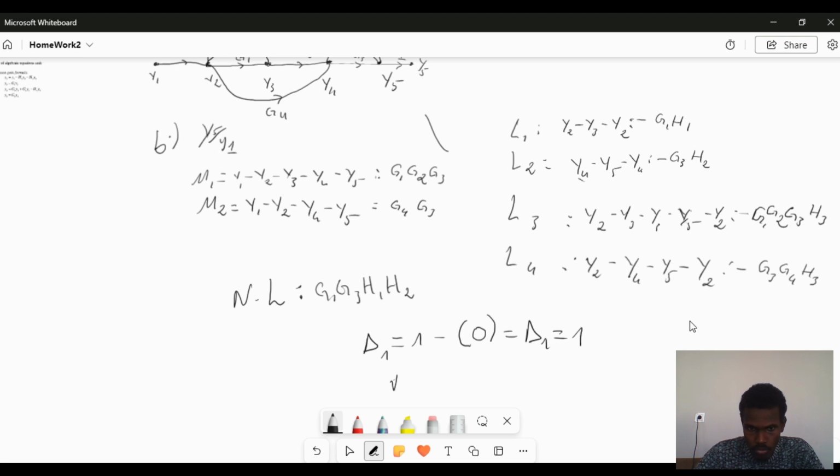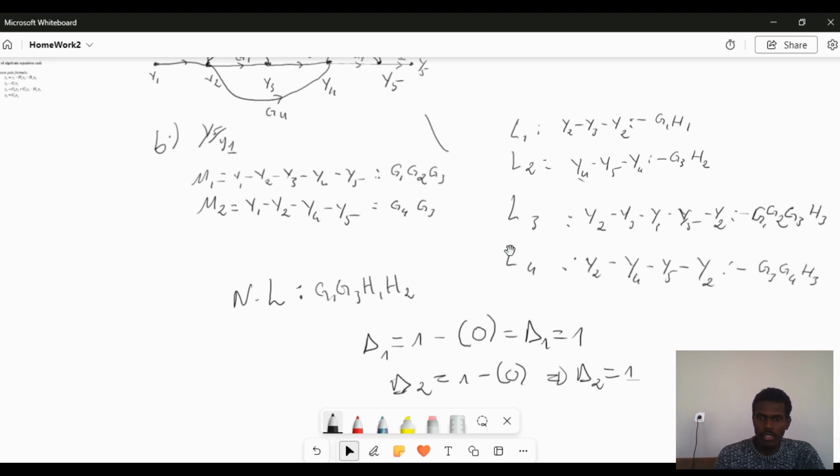Let's see delta 2, which is 1 minus the non-touching loops with M2 at y1, y2, y4, y5. There is no non-touching loop with M2, so delta 2 is also equal to 1.